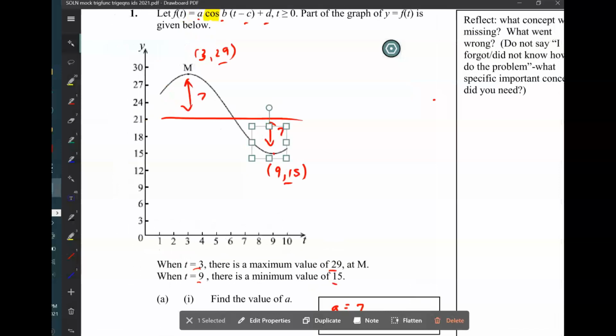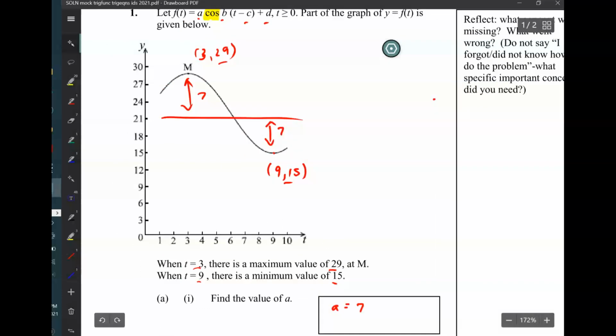We have that the horizontal coordinate of the maximum is 3 and the horizontal coordinate of the minimum is 9. Which means that the horizontal distance between the minimum and the maximum is going to be 9 minus 3, or 6, right?